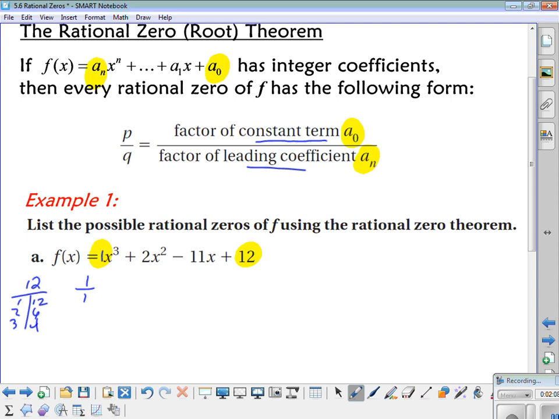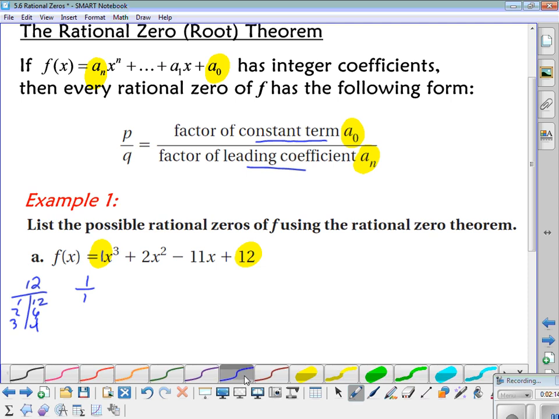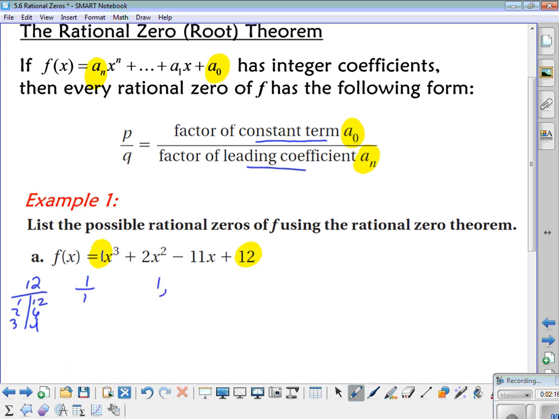So I start listing the factors for my constant term: 1, 2, 3, 4, 6, and 12. Those are the factors of the constant. Then the factors of the leading coefficient are just 1.